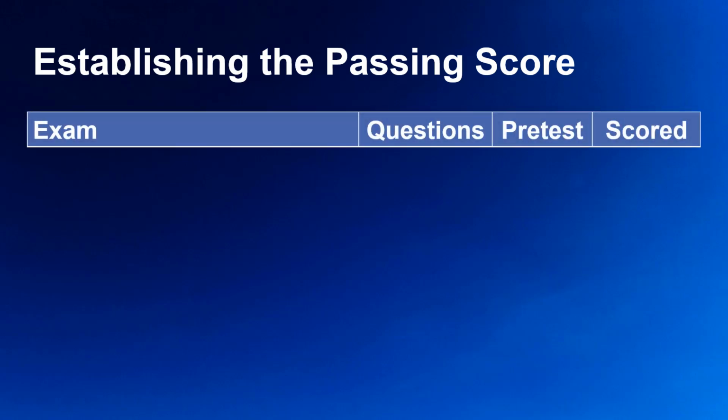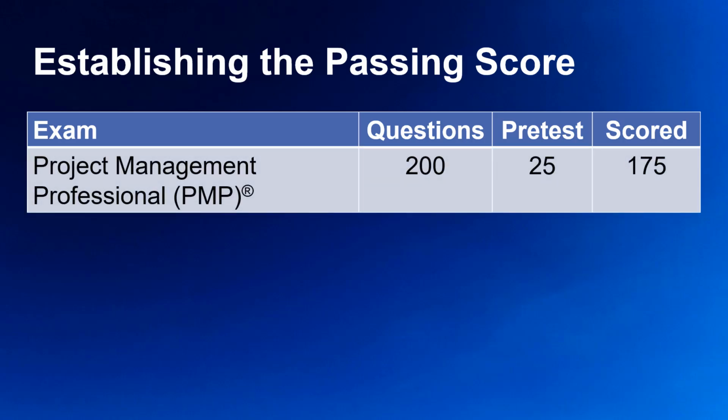And now, here is how PMI establishes the passing score for the PMP, PMI ACP, and CAPM exam. We begin with the PMP exam. In this exam, you have to answer 200 multiple choice questions. Out of these 200 questions, 25 are considered pre-test questions. These pre-test questions, they don't affect your score at all.